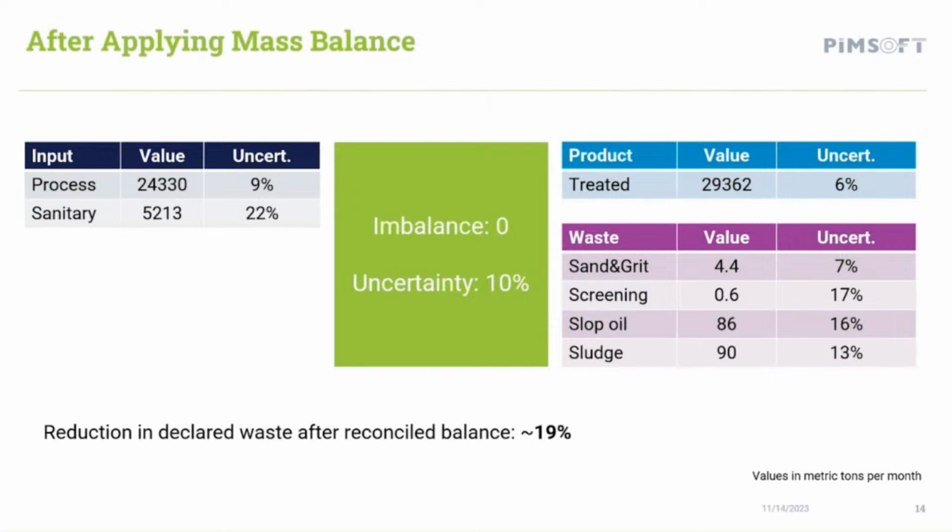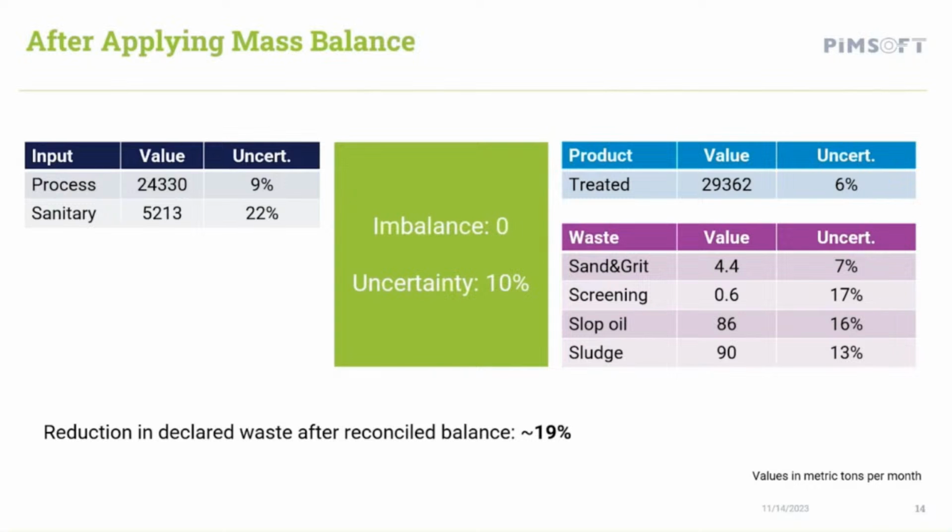Once we apply the mass balance and the error is minimized, we can compare the reconciled figures with respect to the raw data. So the imbalance has been eliminated, all the material flows have been reassessed, and as you notice, there is both a significant reduction in the uncertainties as well as in the declared waste.